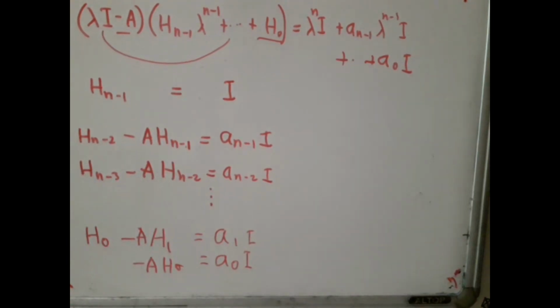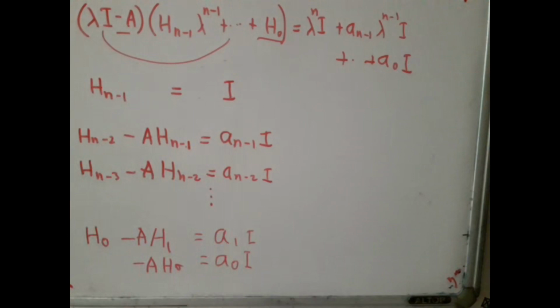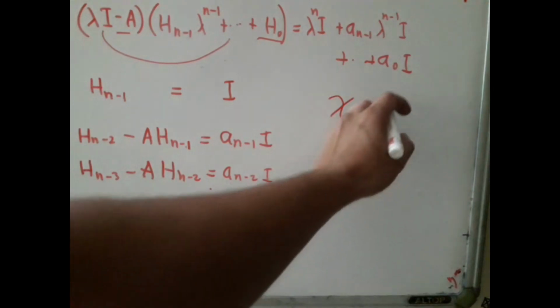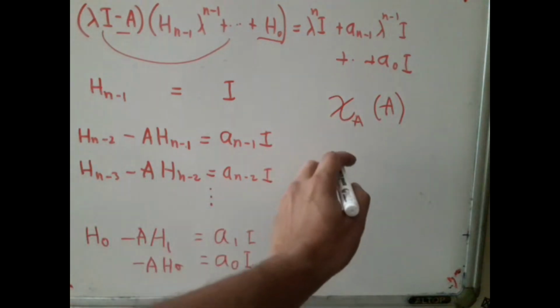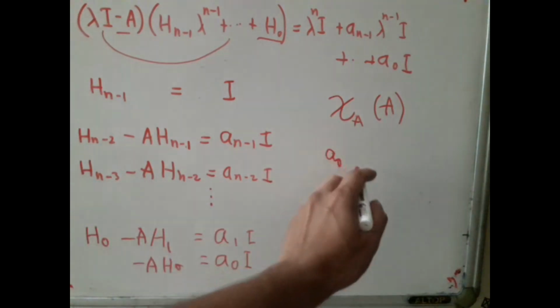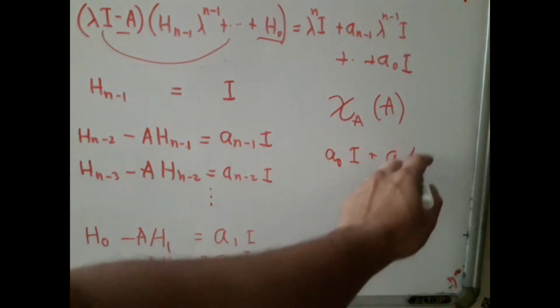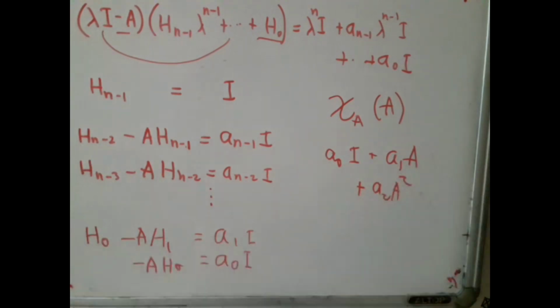Now what follows is the really fun part. Just remember that these are the coefficients of my characteristic polynomial. What are we trying to prove? I am trying to show that the characteristic polynomial evaluated at A must give you the 0 matrix, which means I am really trying to find that a_0 I plus a_1 A plus a_2 A squared, etc., will be equal to 0.